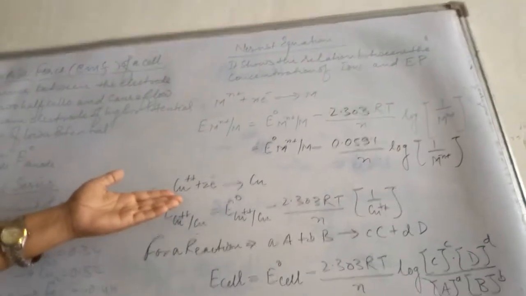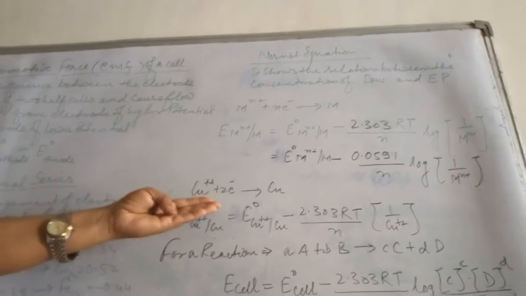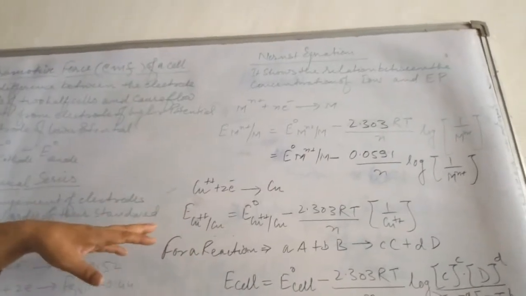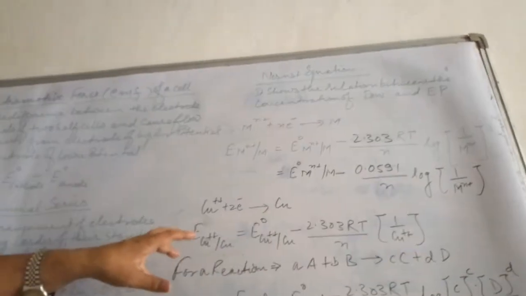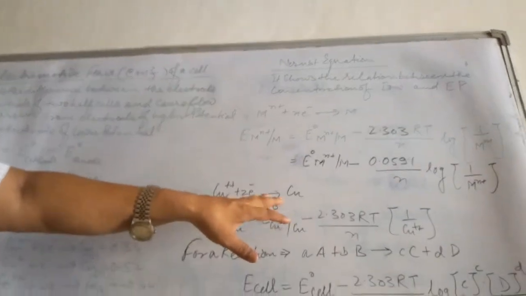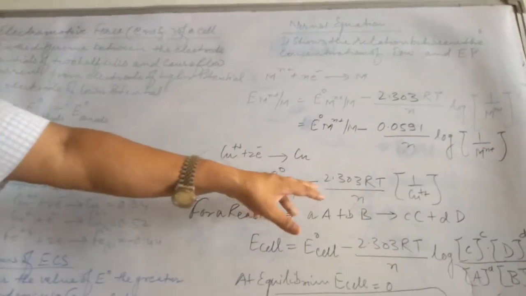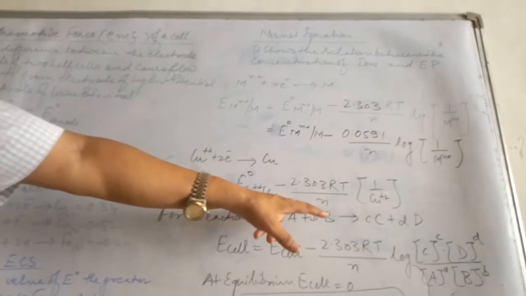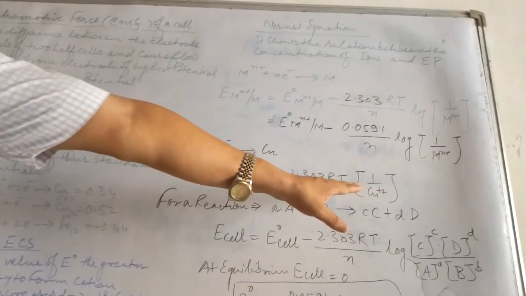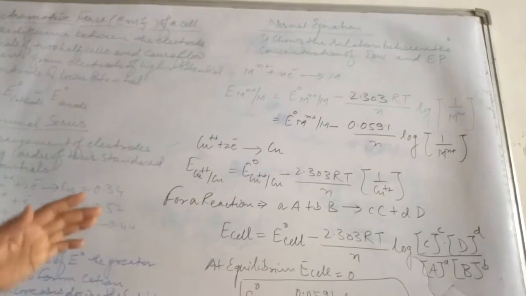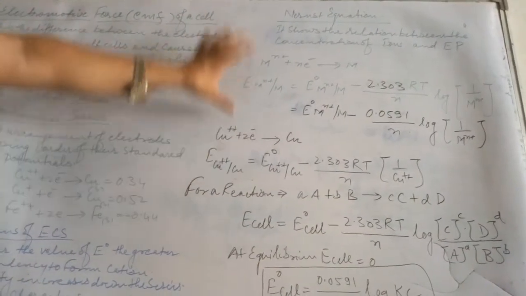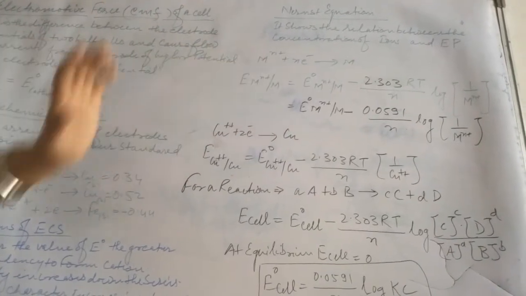A copper solution having 2 positive cations gains 2 electrons and is reduced to copper metal. The electrode potential of that half cell is the standard electrode potential minus 2.303 RT upon n into log 1 upon the molar concentration of the copper cation solution. This is the equation called the Nernst equation.